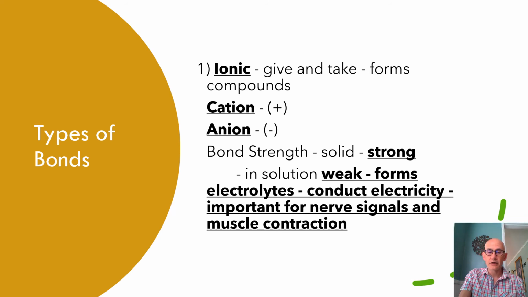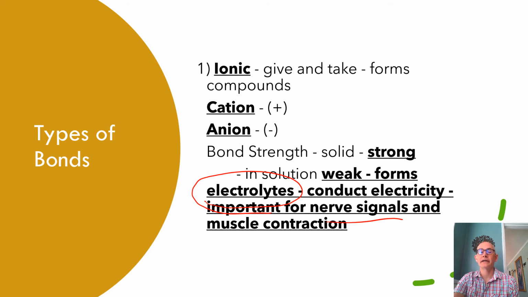If they do dissolve, then we have what is known as an electrolyte, and that is because electrolytes can conduct electricity. So salt water conducts electricity. And this is critical in biology for the conduction of your nervous system and muscle contraction.